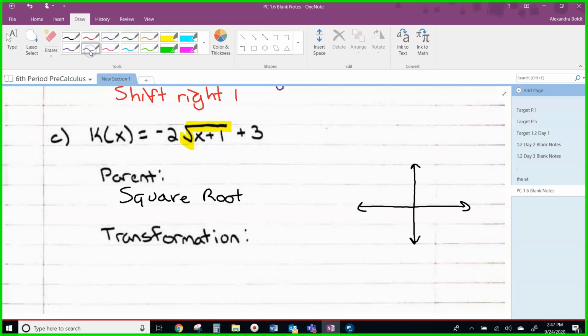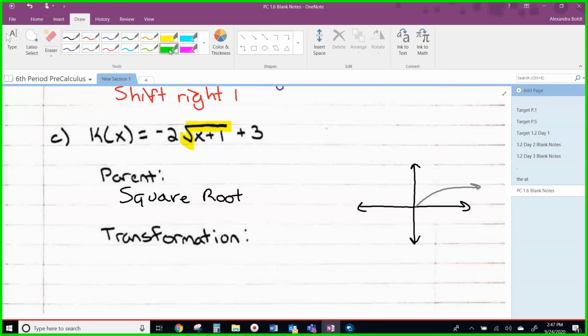So I'm going to graph that parent function. Square root kind of looks like that. So then what's happening here?